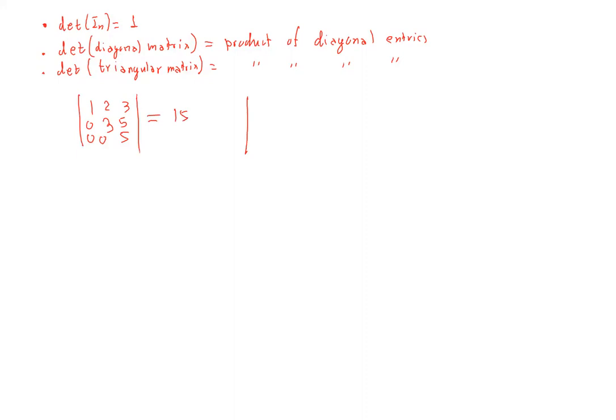And what is this determinant? The answer is 60. And what is this determinant? The answer is 27. Okay, so diagonal and triangular matrices are the nicest matrices to have when using determinants.